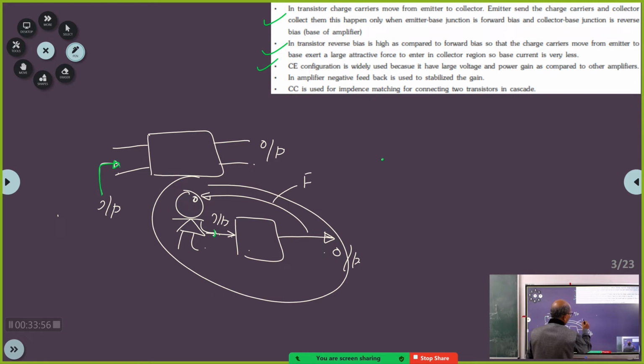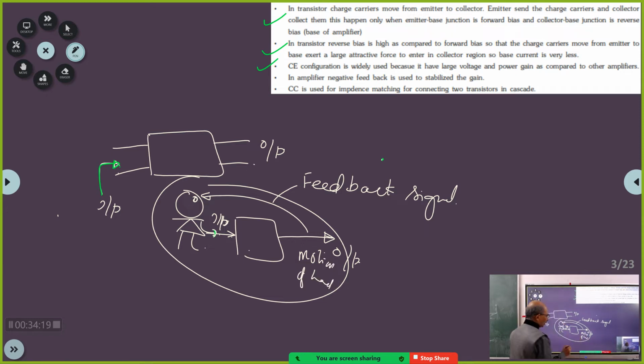So this becomes the feedback signal, and the distance between this point and the tip of this becomes the input, and how much your hand moves, the motion of your hand, becomes the output.